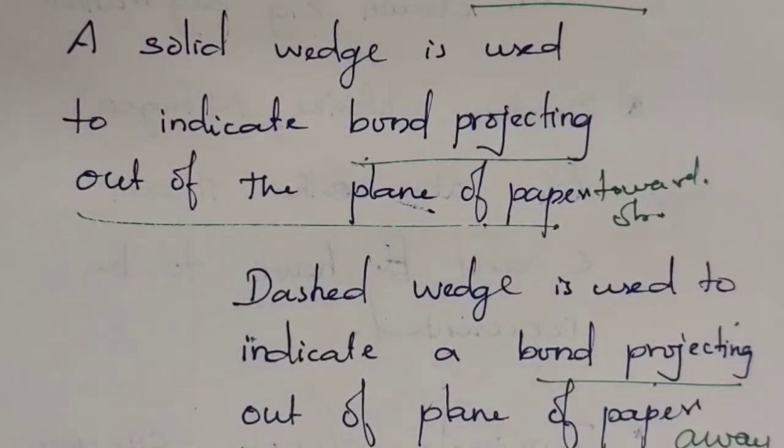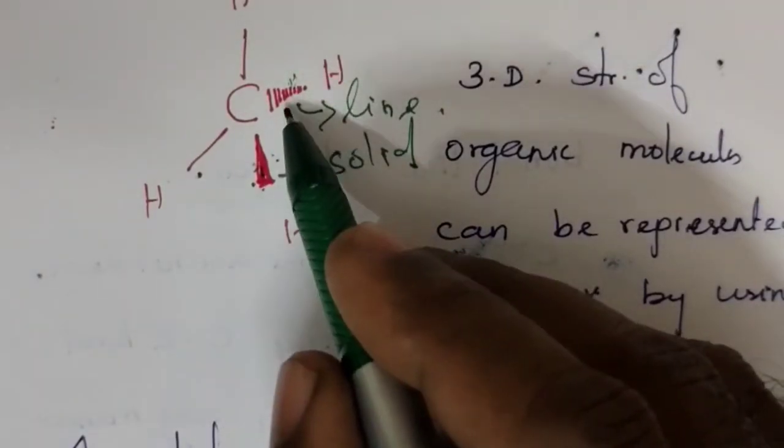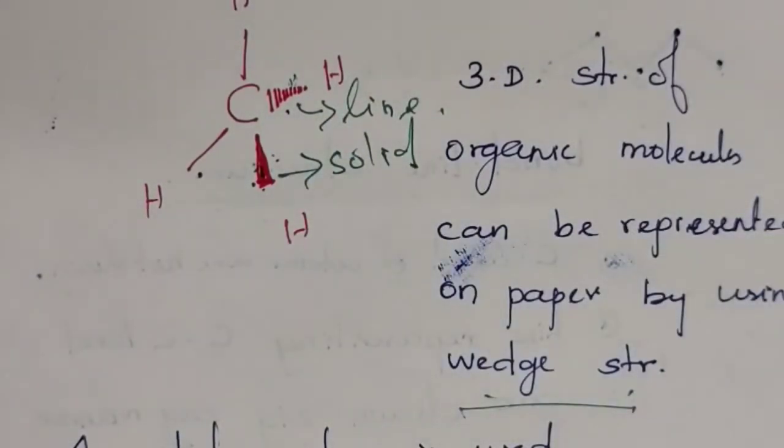We are using two types of wedges: one is called solid wedge, another is called dash wedge. The solid wedge indicates the bond projecting out of the plane of paper towards the observer, whereas the dash wedge represents the bond projecting out of the plane of paper away from the observer.